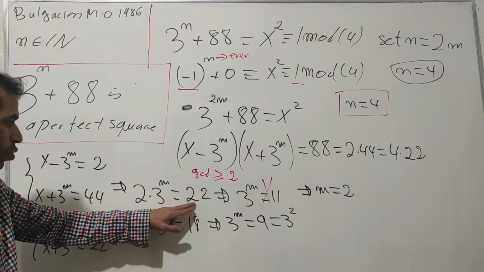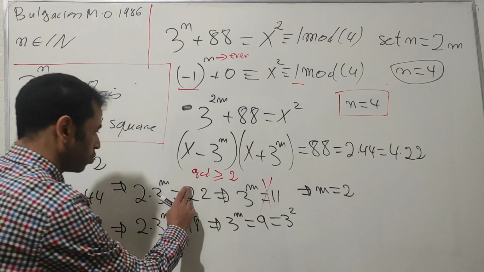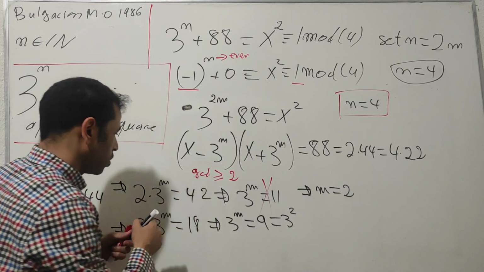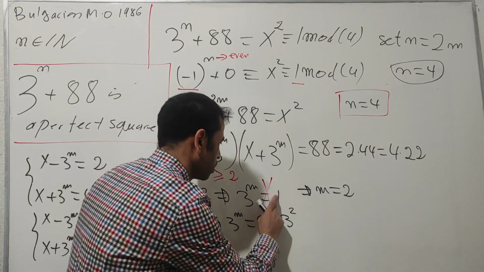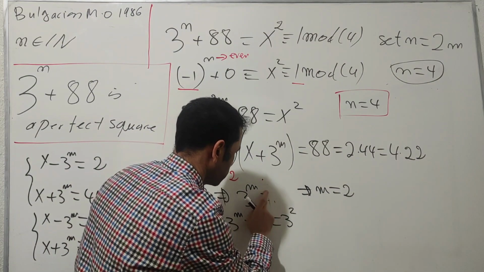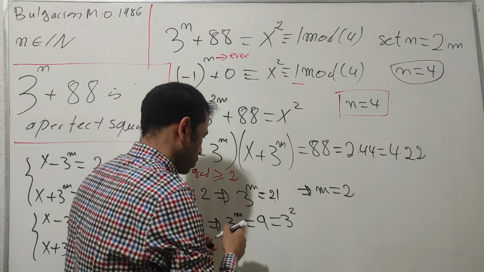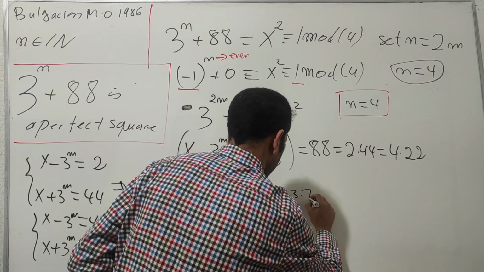So I'm going to correct a little mistake here, because 44 minus 2 is 42, not 22. So I get 42 here. Dividing both sides by number 2 gives 21. So 21 is the same as 3 multiplied by 7.